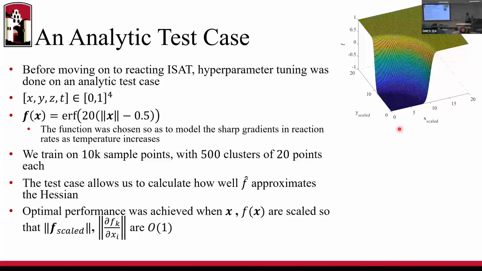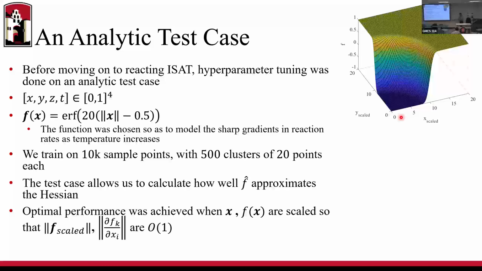And it was found during the optimization of this test case that for this particular problem, we get the optimal performance when both x and f of x are scaled in such a way that both f of x is on the order of 1, and the gradients of f of x are on the order of 1. So here, you may be wondering if my domain is from 0 to 1, why is this range from 0 to 20?